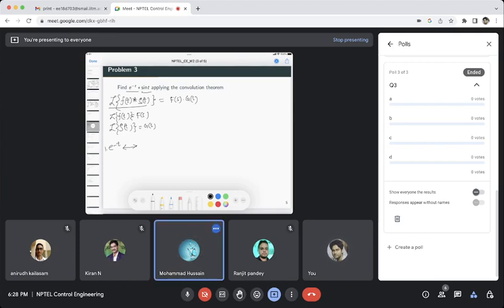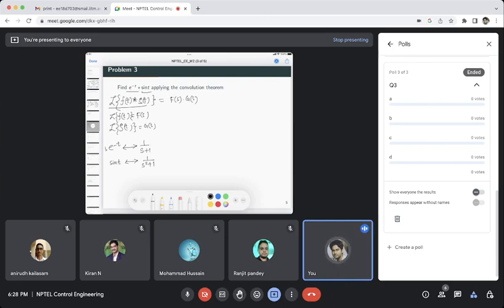Correct. Similarly, sin of t, what is the Laplace transform? 1 upon s square plus 1. Here we have sin omega t, where omega is 1, so it will be omega by s square plus omega square, which is 1 by s square plus 1.